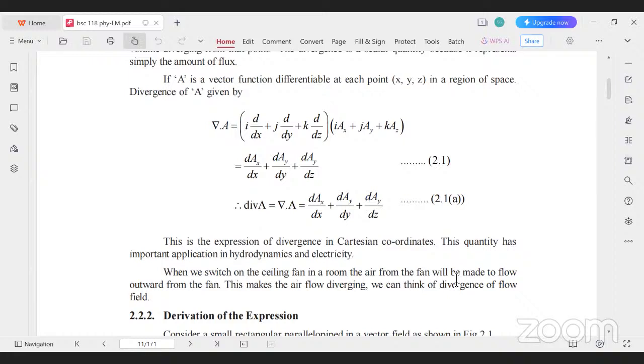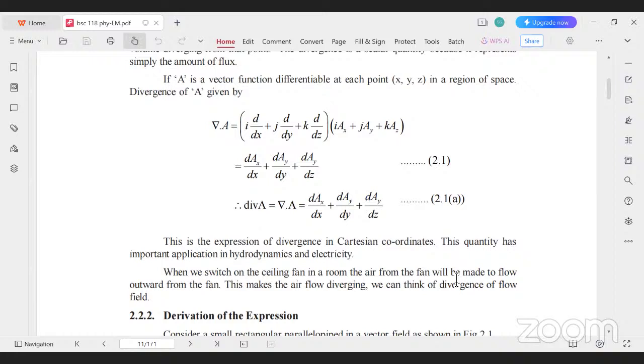How do I find upside down, back, front, whatever the image is showing of the electrons? I can find the coordinates on all sides. That's why this quantity has important application in hydrodynamics and electricity.